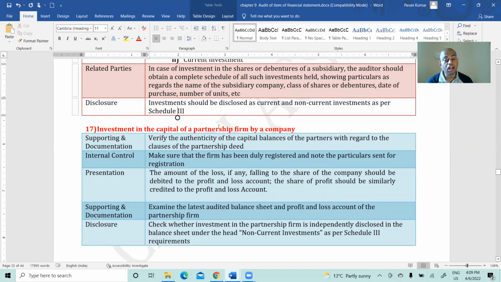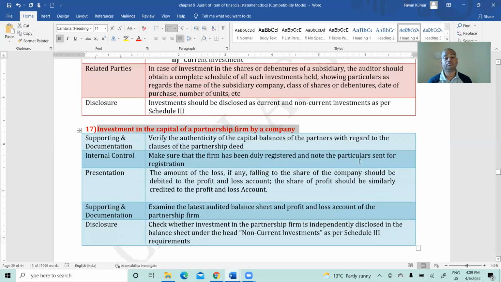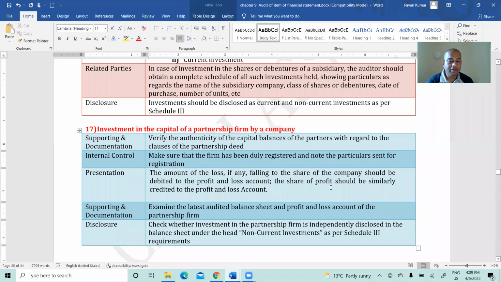investment in the capital of a partnership firm by a company. Possible. Company is investing money in a partnership firm, and that is the company's capital in the partnership firm. So read this.